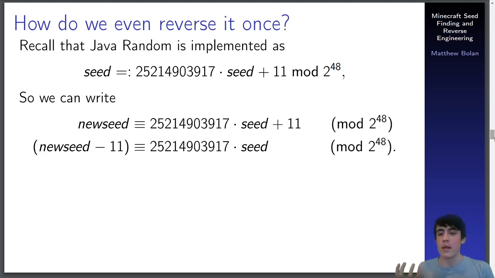And now what we really love to do, right? So this is very much just regular algebra that you've seen since 6th grade. The thing that we want to do here, if we were still in 6th grade, is we would divide both sides by this big multiplier, this 25 billion thing.